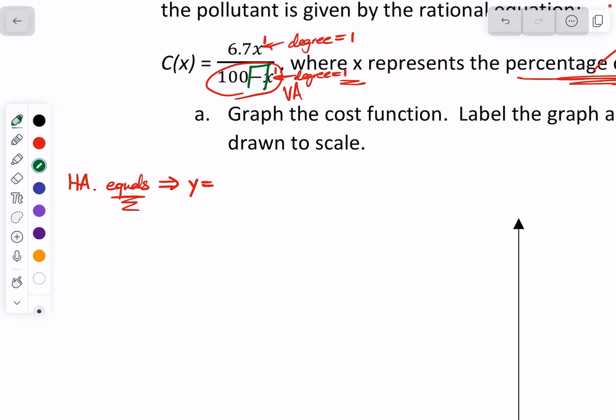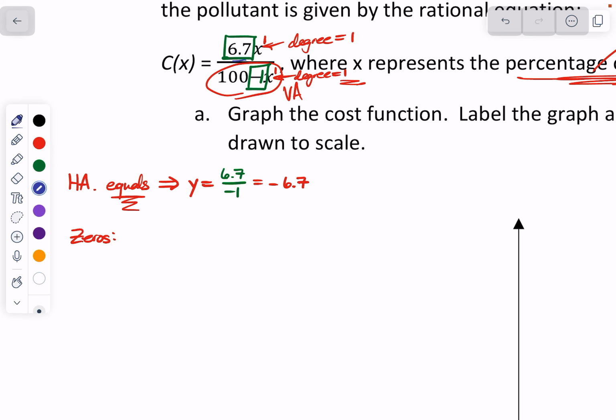So in our case, that would be -1 on the bottom, 6.7 on top. So 6.7 divided by -1. So that'd be -6.7.